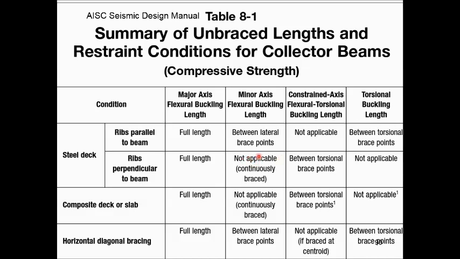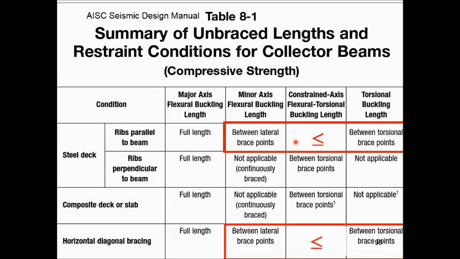But there are a couple of cases where you can't actually buckle in this minor axis mode. That includes where the deck is perpendicular to the beam and where you have a composite deck. You simply can't move that top flange. However, I will say that torsional buckling is always less than minor axis buckling if they have the same unbraced length.